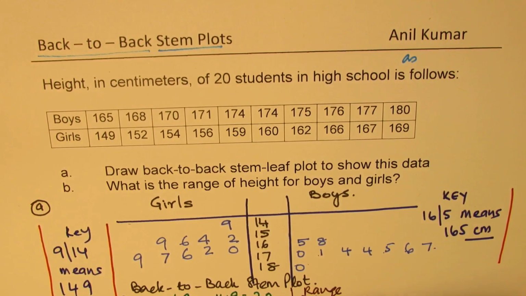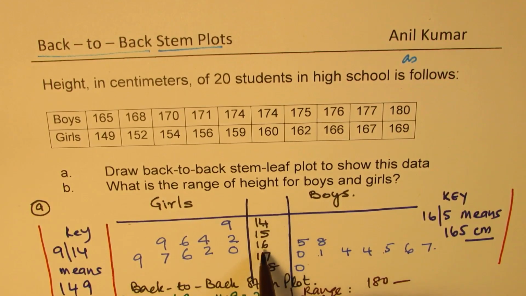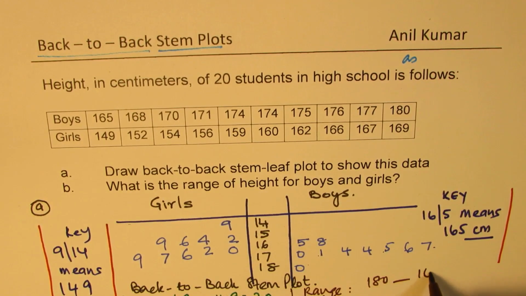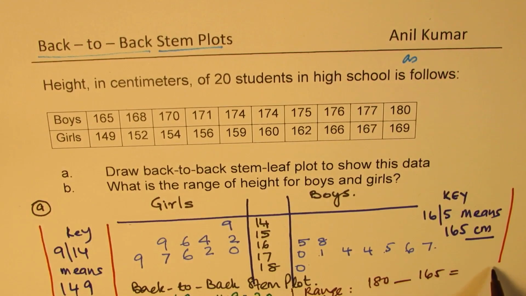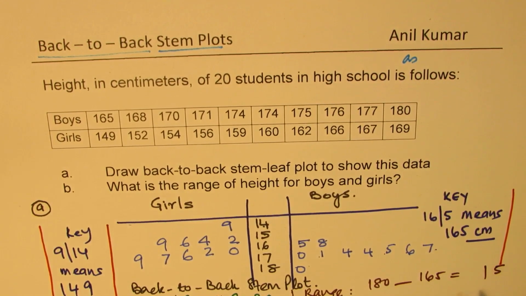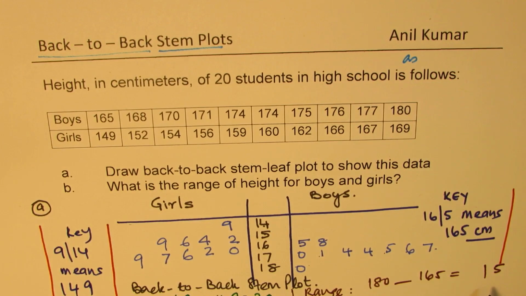Range for boys is 180 is the highest value, right? Take away the lowest, which is 165. That gives you 5, and then 7 take away 6 will be 1. So you get 15.